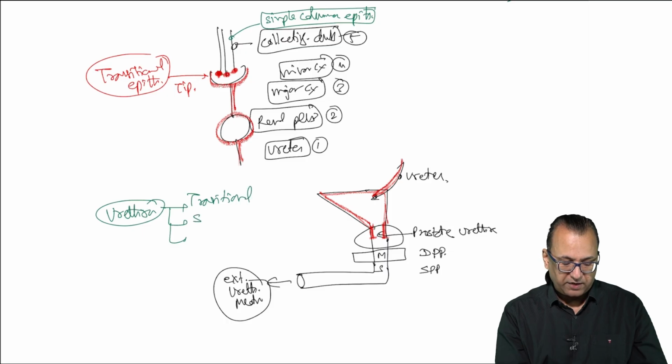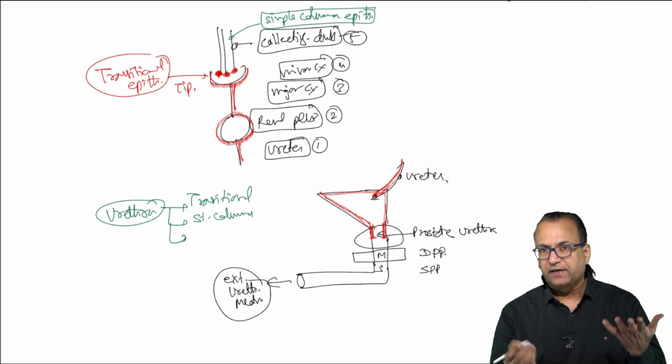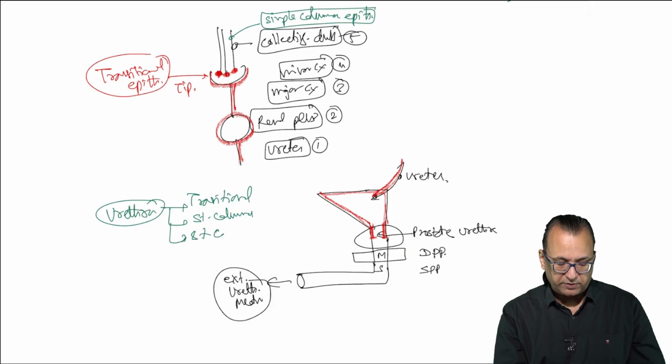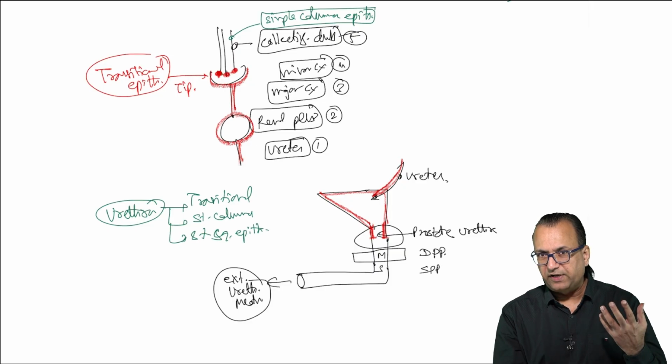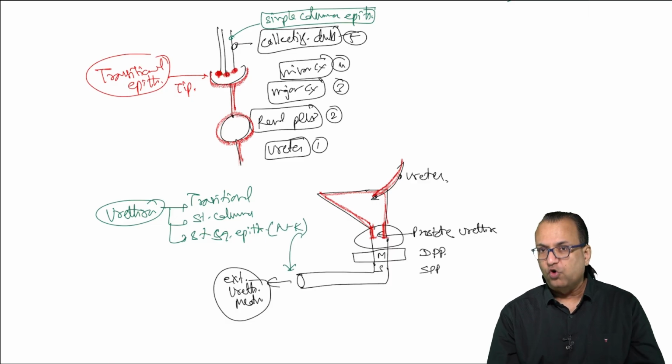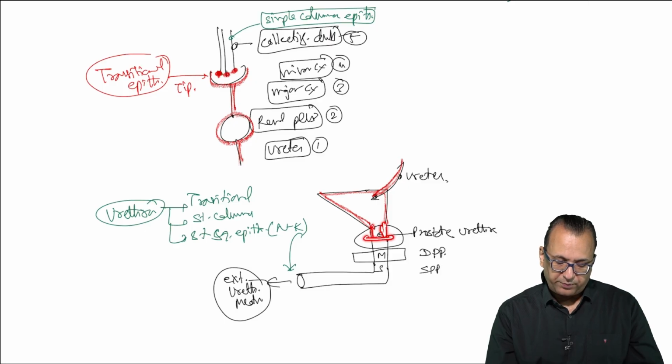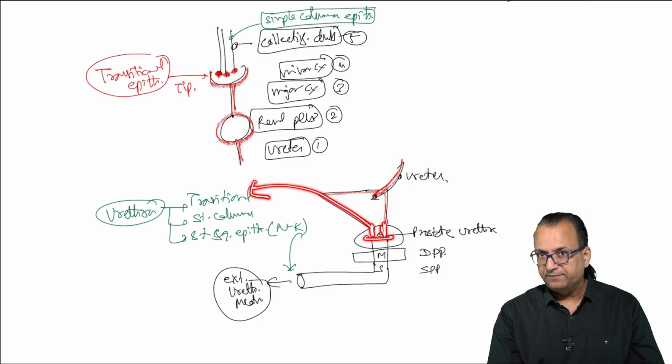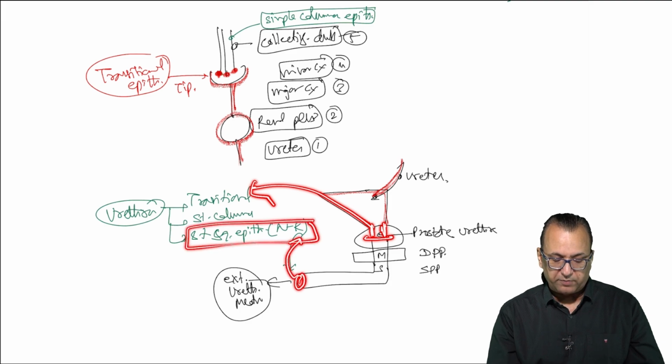Most of the male urethra is lined by stratified columnar epithelium, and any external opening is lined by stratified squamous epithelium. Stratified squamous epithelium, because it is urethra, so it is wet, so it will be non-keratinized here at the opening. So my point is, the proximal half of the prostatic urethra was lined by transitional epithelium, and the external urethral meatus is lined by stratified squamous epithelium, non-keratinized because it is wet.